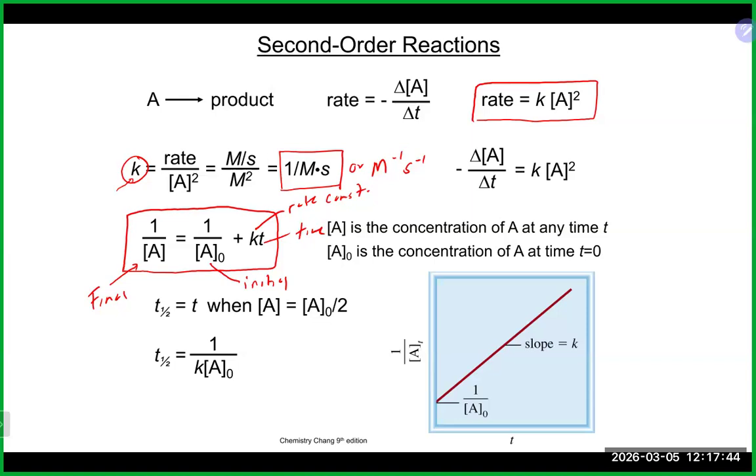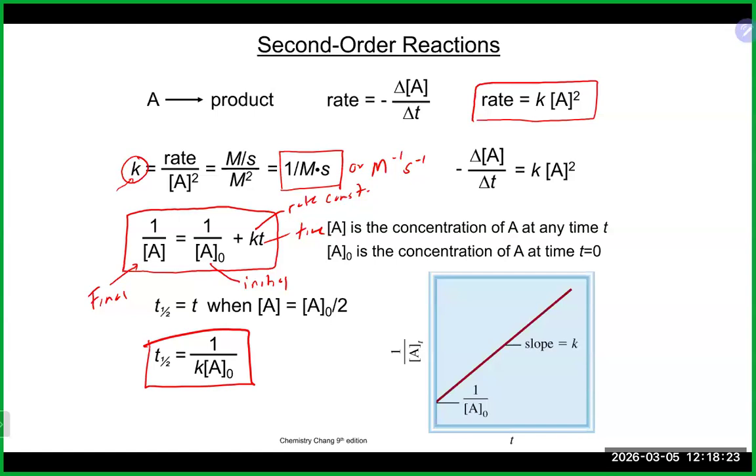Also different is the half-life equation for a second order. It's a little bit different than the half-life equation we see for first order. It's 1 over k times the initial concentration. So unlike first order reactions, where the half-life is independent of the initial concentration of the reactant, for second order the initial concentration does play a role in the value of the half-life.